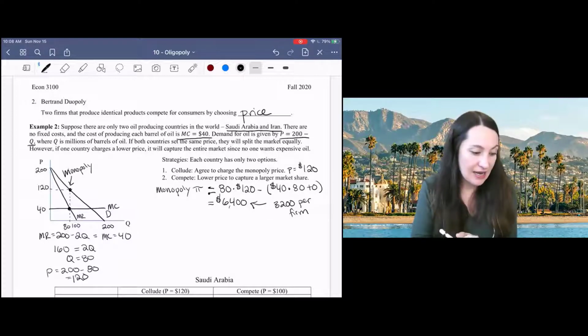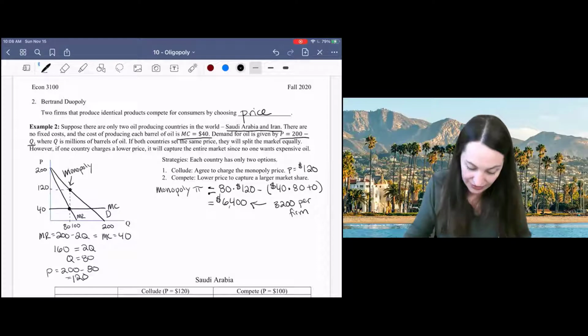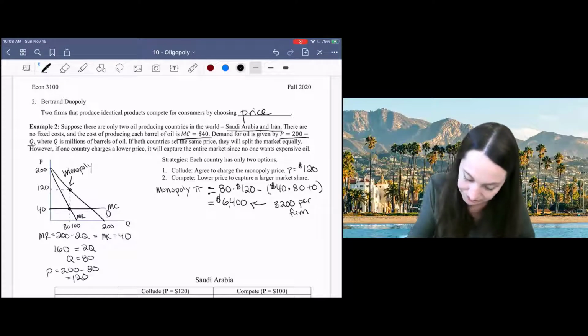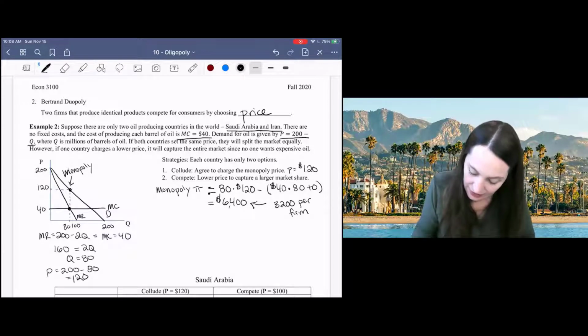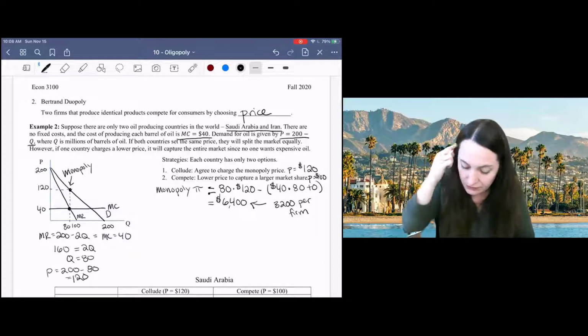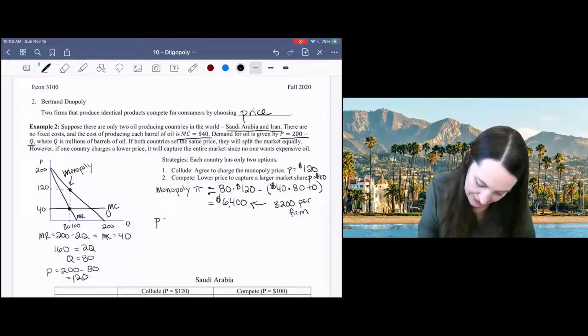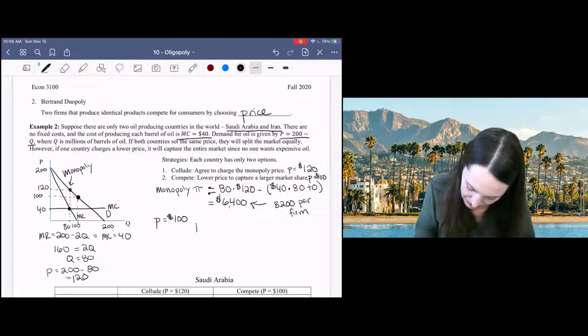So let's say that they could lower their price to 100. So they can collude to set the monopoly price, or they can compete by setting price equal to 100. So if price is equal to 100, then how much will the consumers wish to buy?